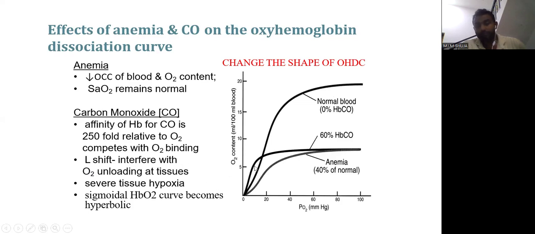It causes severe tissue hypoxia. Because when it comes to the left shift, the affinity for oxygen is increased. So it will not release oxygen to the tissues. So your tissue will get low oxygen, that will lead to hypoxia. That will happen in carbon monoxide poisoning.